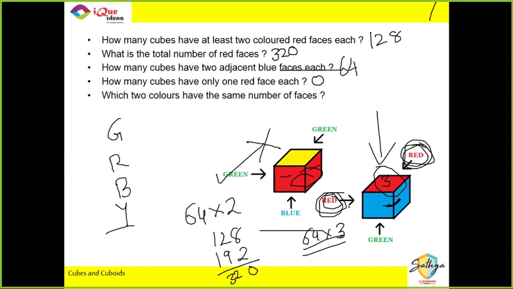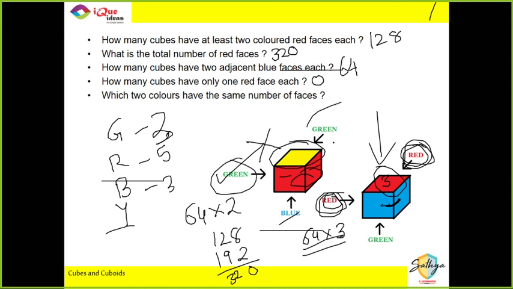Green 1 and 2. रेड कितने हैं? 1 2 3 4 5. ब्लू कितने हैं? 1 2 3. एंड येलो कितने हैं? 1 एंड... Sorry, green has also 3.